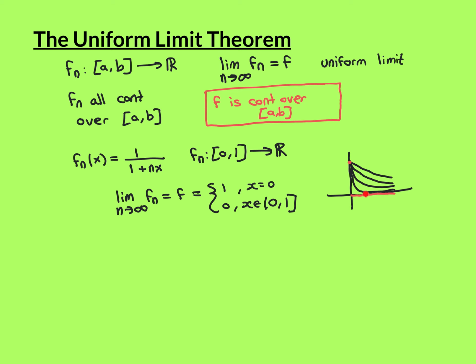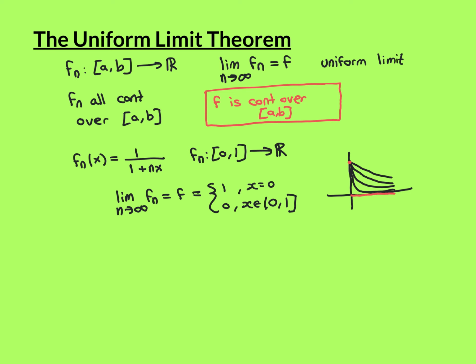And then for everything else on the interval 0, 1, not including 0, it's going to be 0, because for all non-0 x's here, this bit will play a role, and then as n goes off to infinity, this will always eventually become huge, indefinitely big, and therefore this quotient will go to 0.